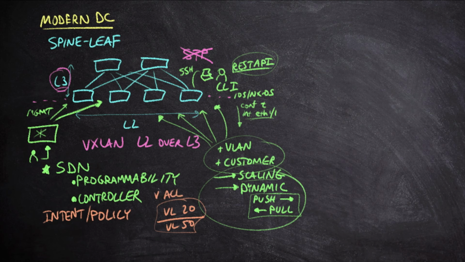I might have to use VLAN access control lists at layer 2. There's a lot of configuration that I'm going to have to do in order to make this happen. And this gets more complex if I say, well, now I want VLAN 30 to be able to communicate to VLAN 20, but also not be able to communicate to VLAN 50.